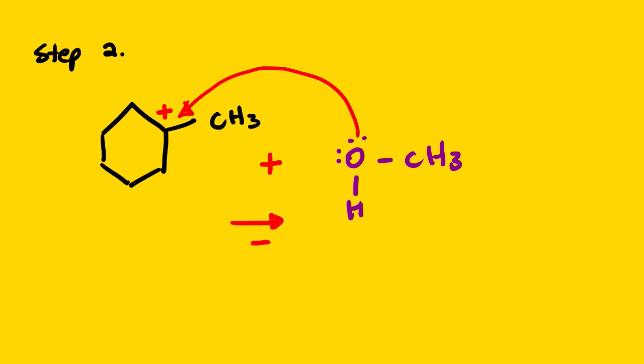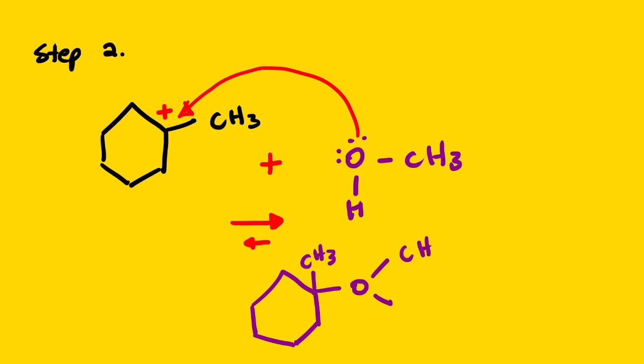Forward is greater than the reverse, and then we are going to have this as our product. Since we said if oxygen bonds 3 times, it's going to have a positive charge. Then remember that this is an alcohol. It will have to undergo deprotonation to form the product.